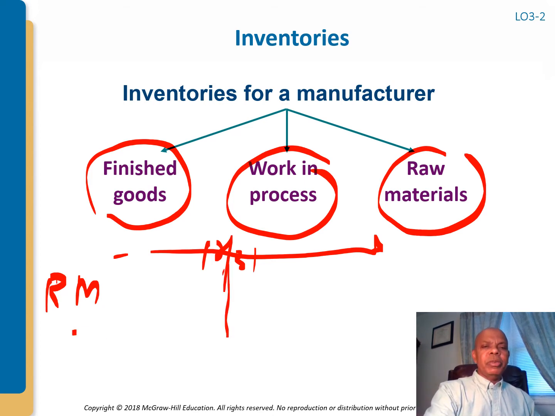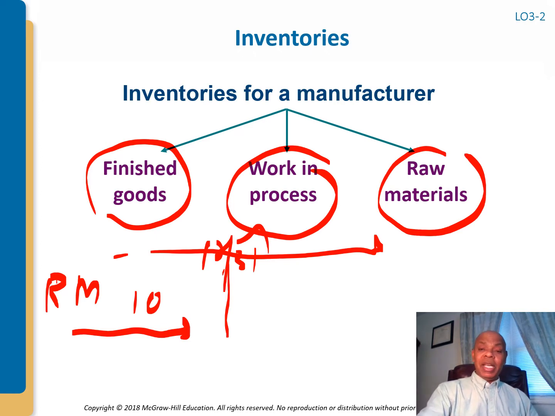You introduce the material that costs $10, but here it's halfway done. That's what we call work in process. It's not done, it's in the process of being worked on, but it still has a value. So that's a part of your inventory when you have a manufacturing type of corporation. Then you have to finish it. That's why you have finished goods. Finished goods, you have inventory as well.